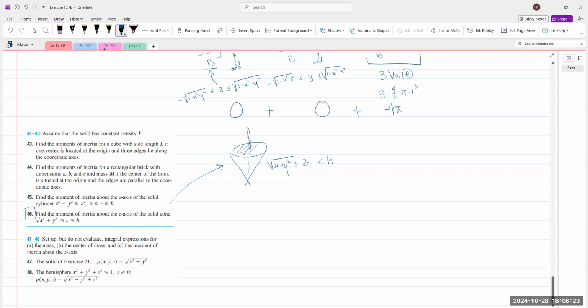So the top is h, and the bottom is z equals the square root of x squared plus y squared. Now we need to find the domain of intersection first, right? The domain of intersection, if you project this down, it will give you a disk with radius h, that's right.